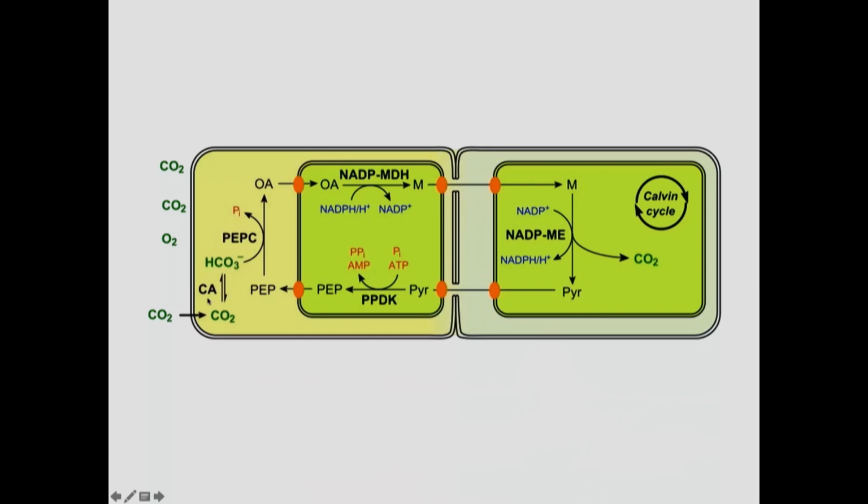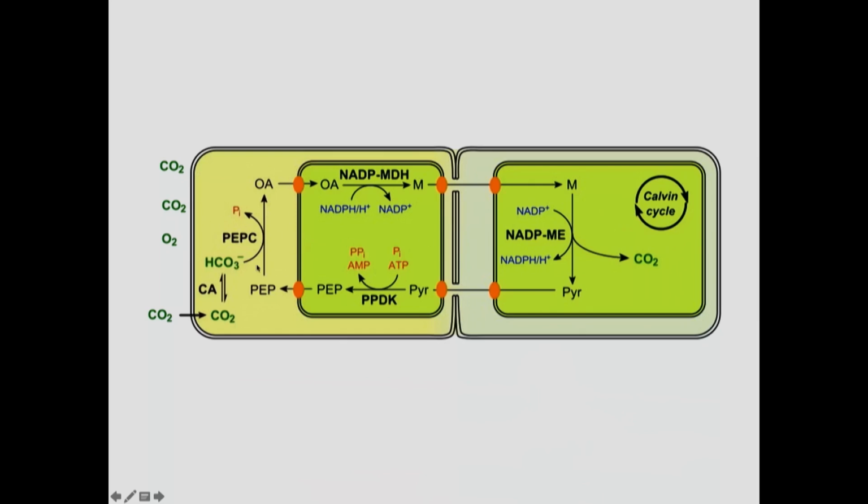Effectively you fix a CO2, making oxaloacetate, so that's the 4-carbon unit. You run an NADPH-driven version of the malate dehydrogenase reaction to ultimately generate malate, and then turn that malate back into pyruvate, releasing CO2 back over here into the different parts.